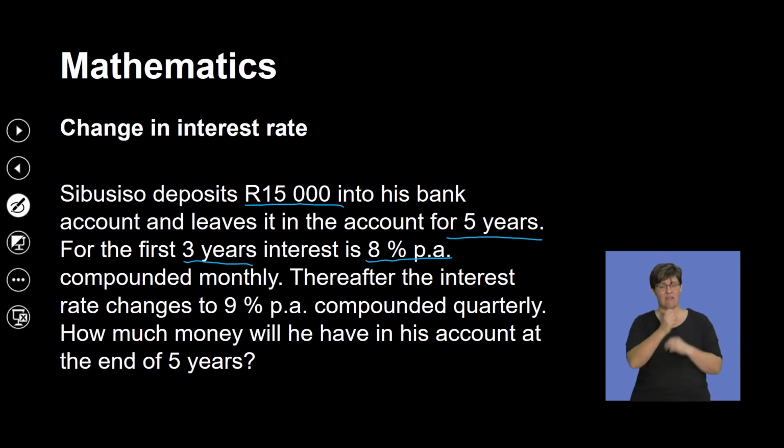That's for the first 3 years. So from T0 to T3, that's what Sibusiso is getting. But thereafter, meaning for the remainder of the investment, now Sibusiso will then get 9% per annum compounded quarterly, so 1% more, but at a different compounding period. How much money will then Sibusiso have in his account at the end of 5 years?